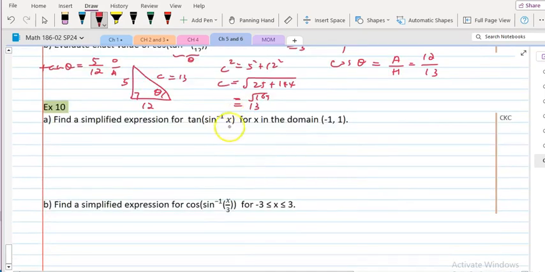Number 10, if x exists in the domain of -1 to 1, you can actually solve for an expression which is used in calculus. So I have a sine inverse of x.